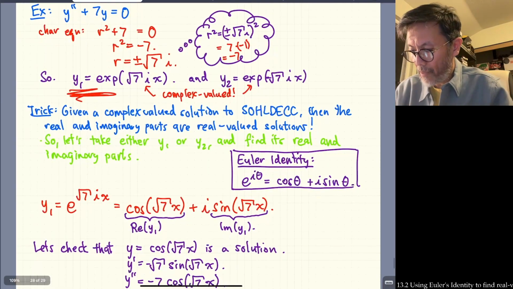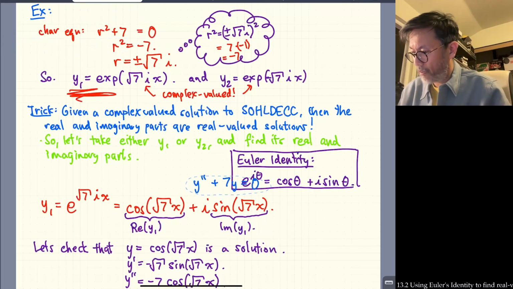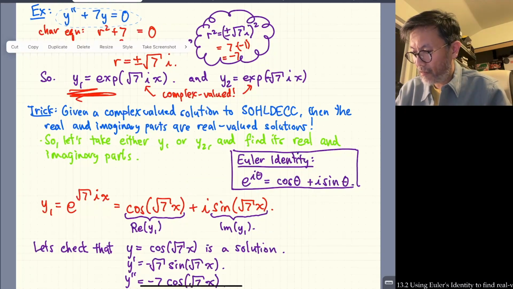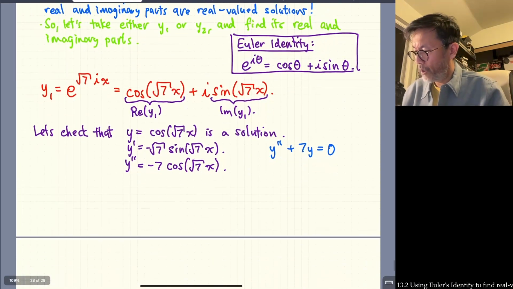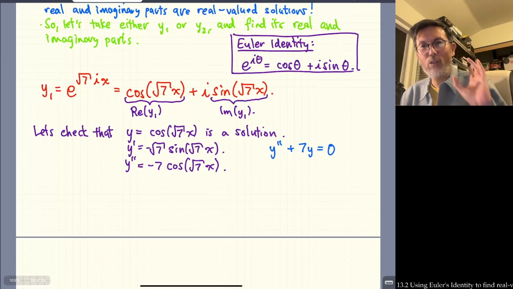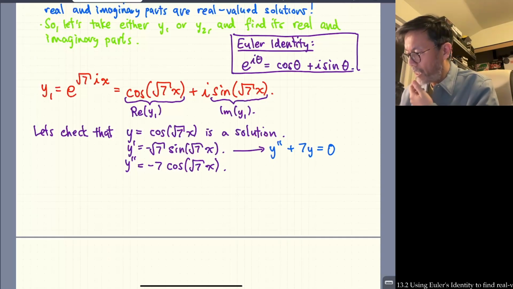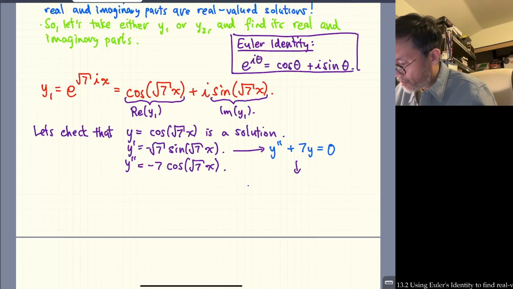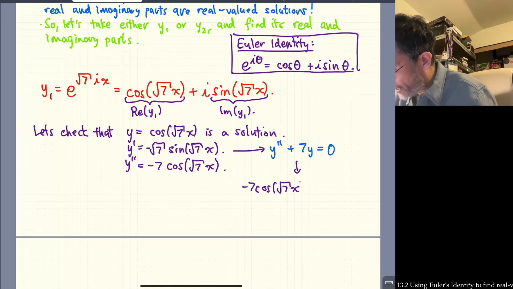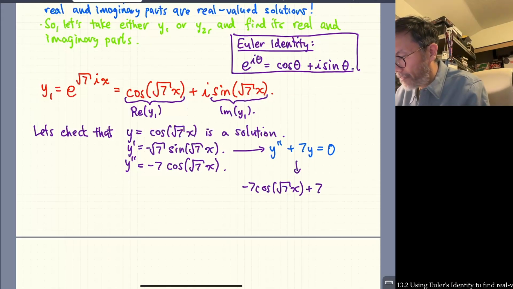Now plug all of this in. I'll copy my differential equation here. Plug all of this information into here, and what we get out is negative 7 cosine square root of 7 times x, that's y double prime, plus 7 times y. What is y again? It's cosine square root of 7 times x.